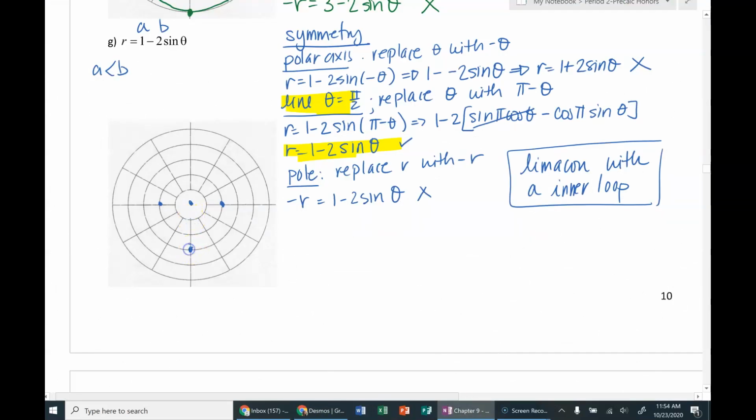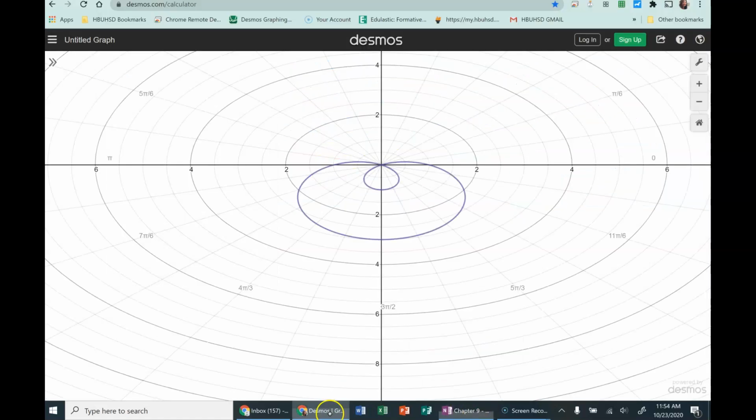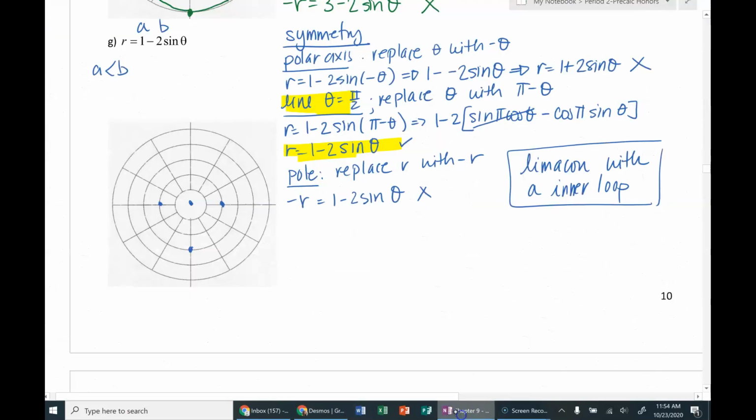So just like that. And what else do we have on the curve? Then we have 3 pi over 2 again at 1 unit, just like that. Okay, so it's a limacon with an inner loop.